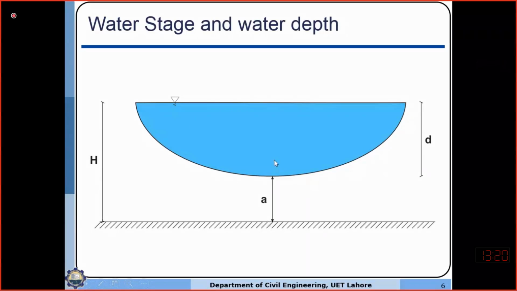And a is the difference between the datum and the bottom of the channel. So stage is equal to a plus d, or d is equal to h minus a. This is the difference between stage, in terms of reduced level, and depth.